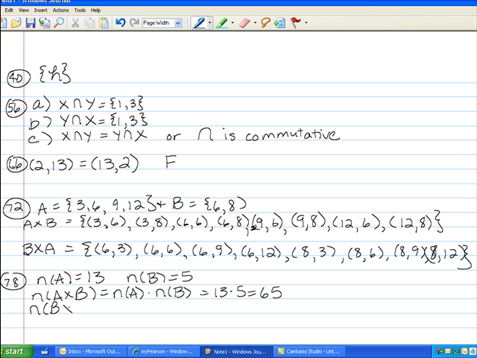Number in B cross A, we want to do the same thing. Number in B times number in A equals 5 times 13, or 65.